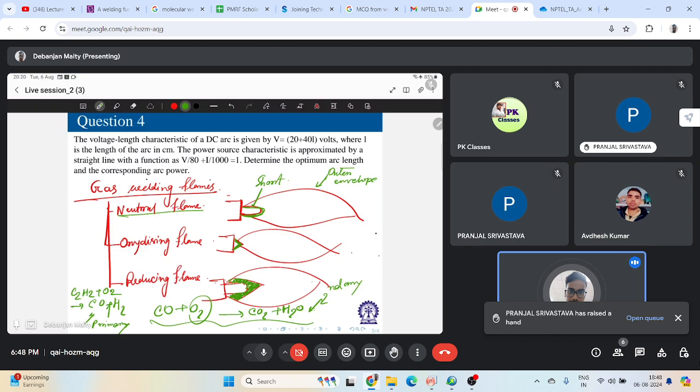So first you have thermionic emission, then you have the ionization process. The ions are attracted by the cathode and collisions happen again and again. Those resulting collisions will keep your cathode hot.